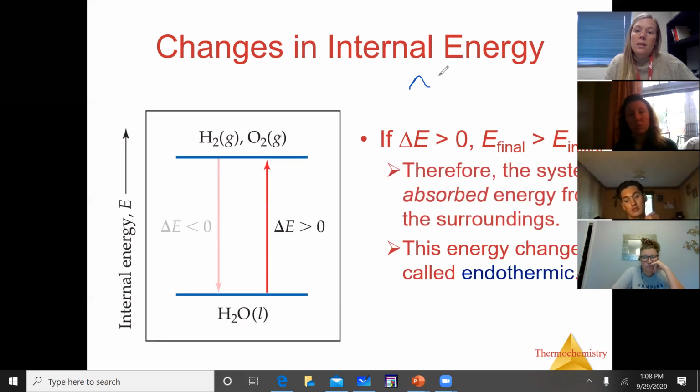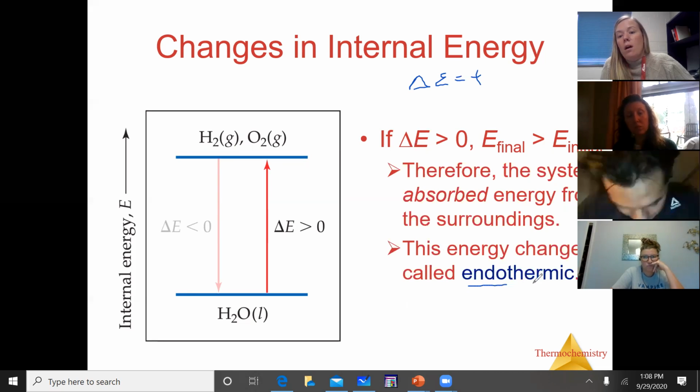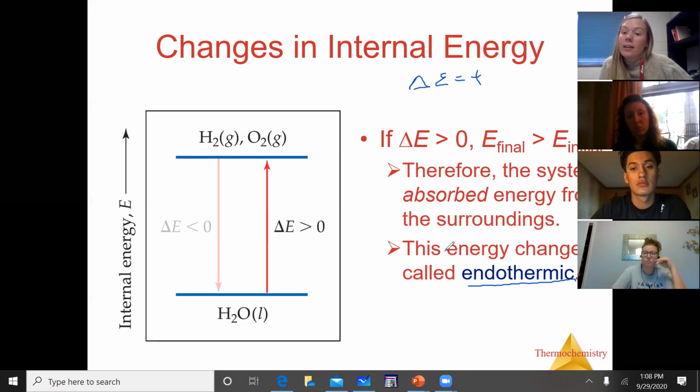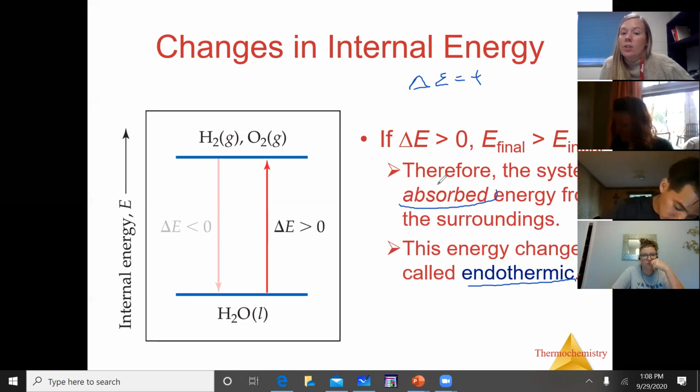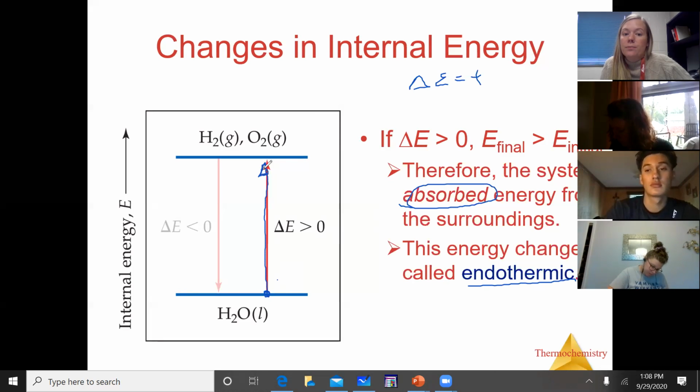So our delta E is positive here. In this situation, we're going to call this reaction endothermic. Endo because the energy is entering the system, or the system is absorbing energy from its surroundings. It's taking energy from the outside. Low energy to start with, high energy to end with.